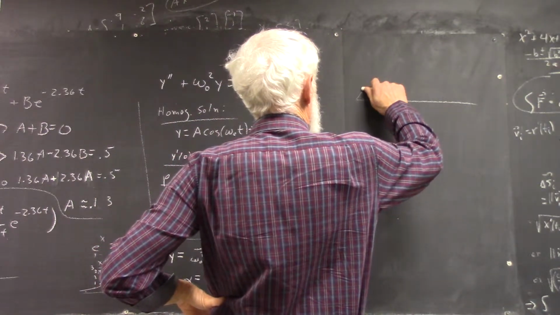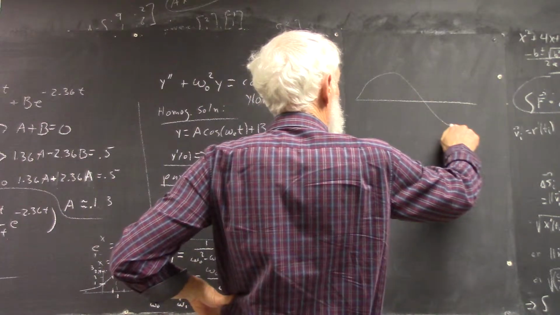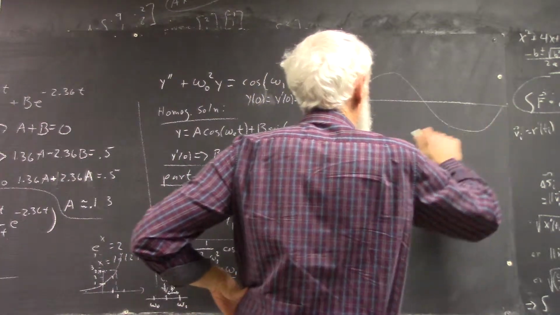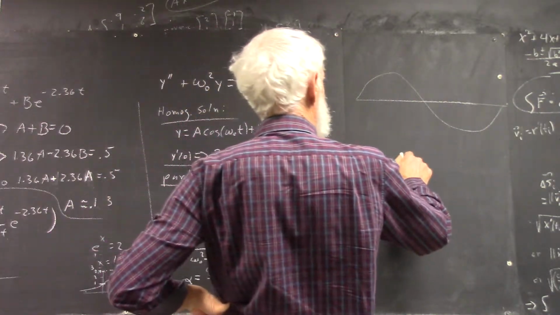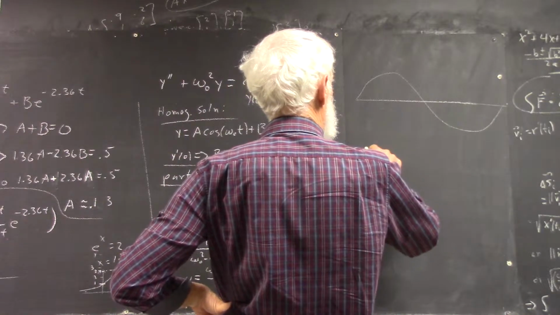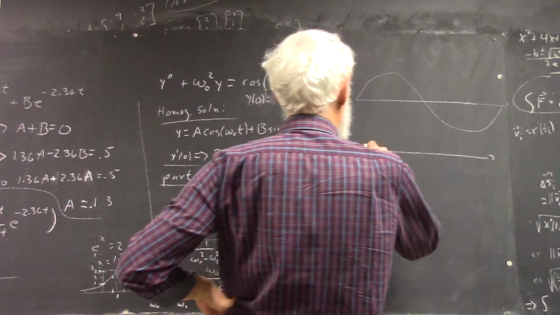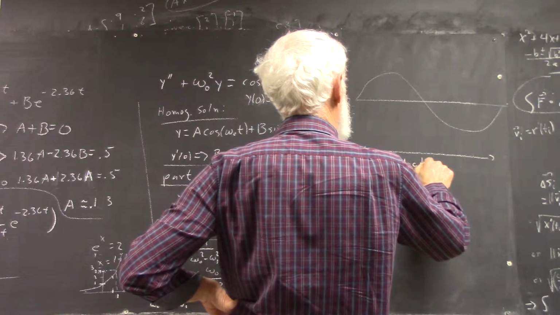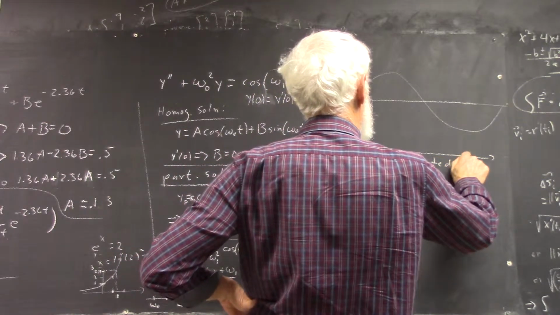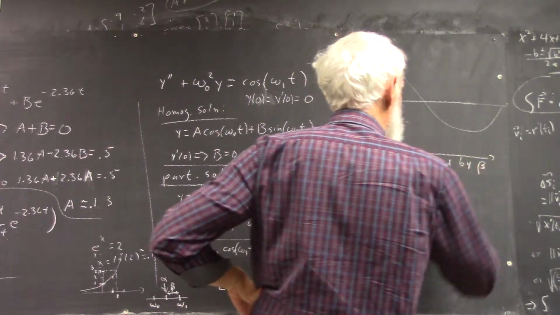You're going to have an overall envelope where this distance is dictated by beta.